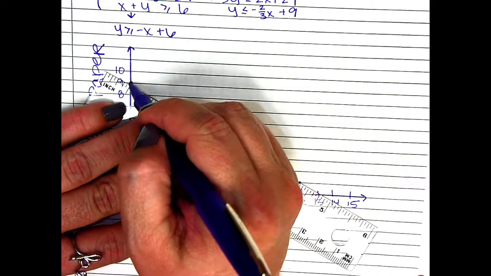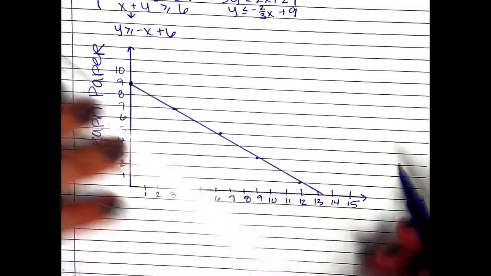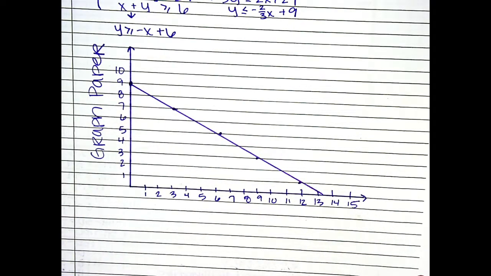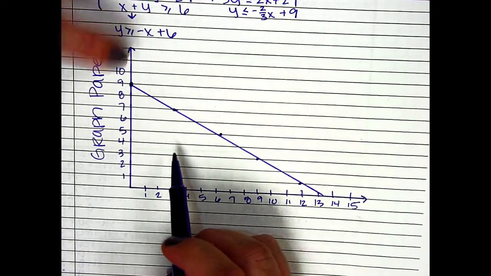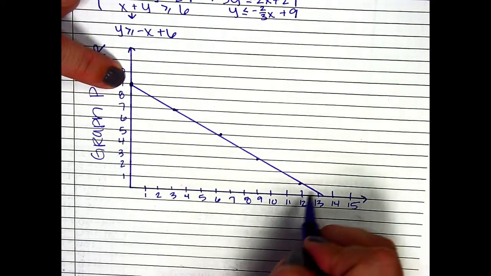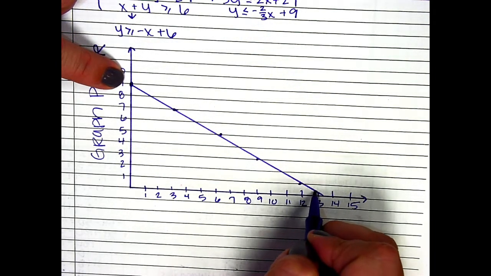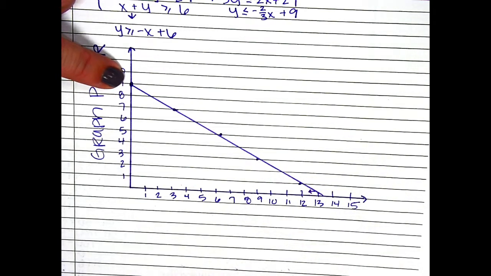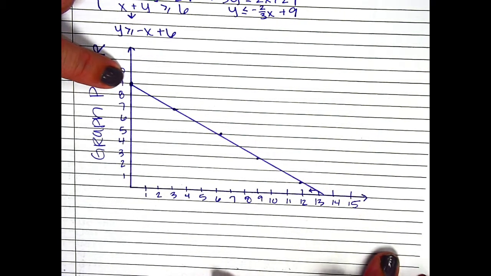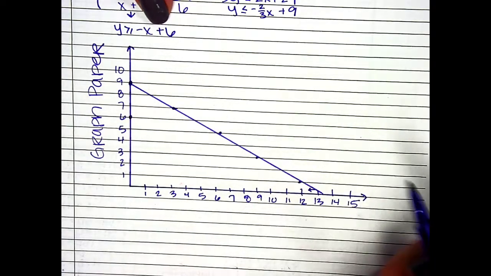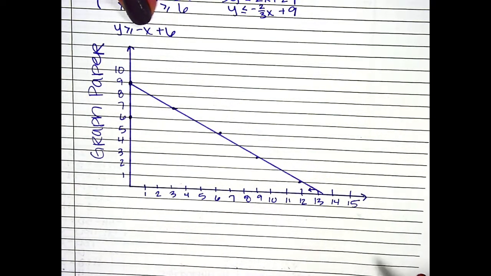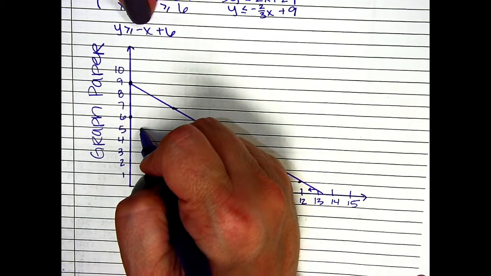Obviously, maybe not exactly perfect because we made the bottom scale on our own. But I need y to be less than that line, so I'm going to shade the lower part of that line. And then my second line starts at 6, and the slope is negative 1.